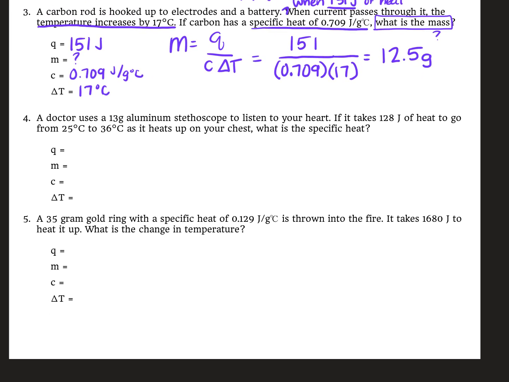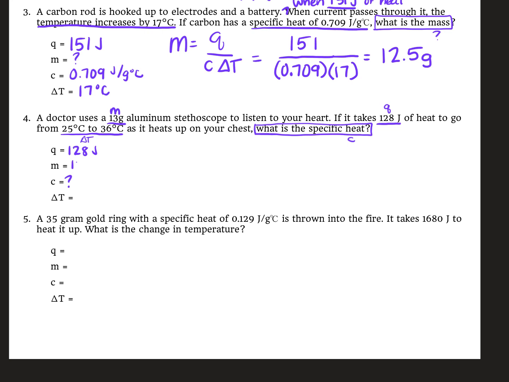Number 4, a doctor uses 13 grams, that's mass, of aluminum to listen to your heart. If it takes 128 joules of heat, so that's Q, to go from 25 degrees to 36 degrees, what is the specific heat? So we will find C. Our Q was 128 joules.